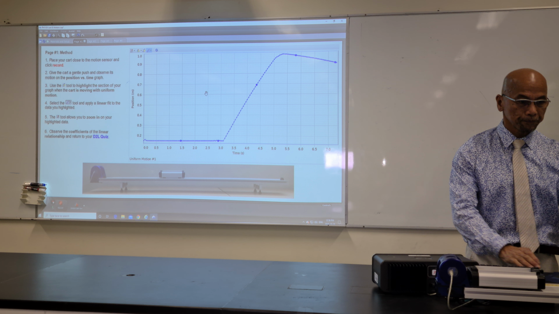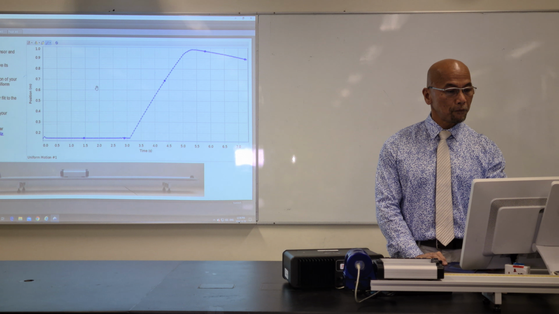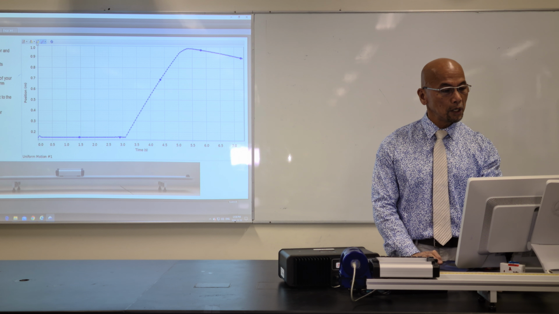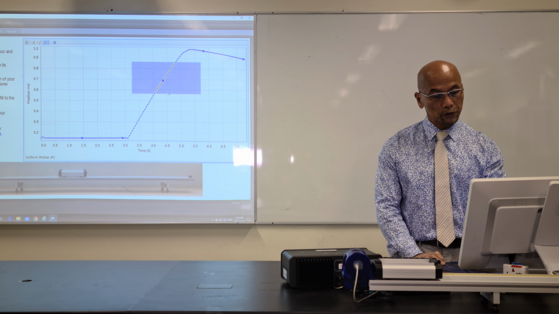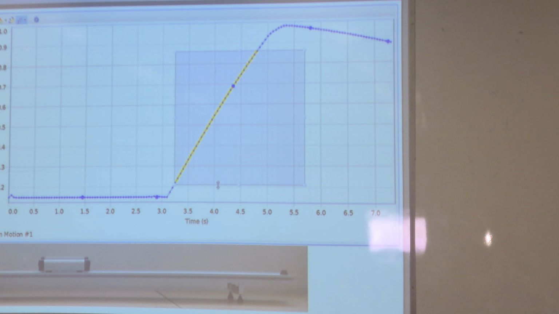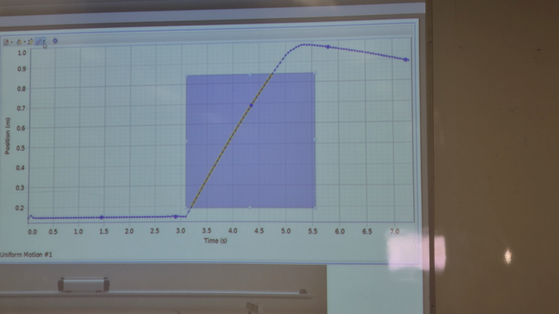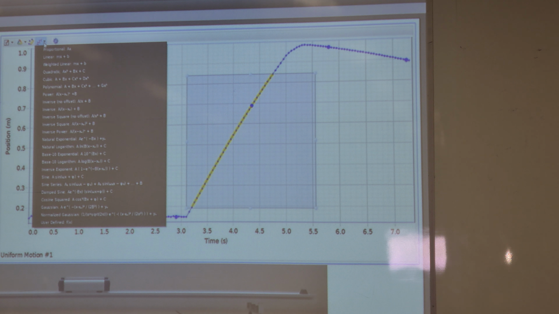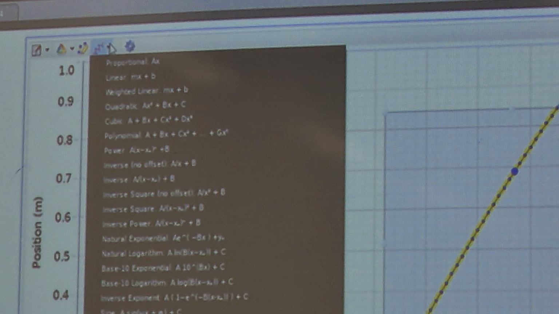We know it's linear, so we can find the slope of this graph. What we do here is highlight or block the graph where we want to analyze. Like so. And then we go into this here, the information on the relationship of that line. We know it's linear, y equals mx plus b.